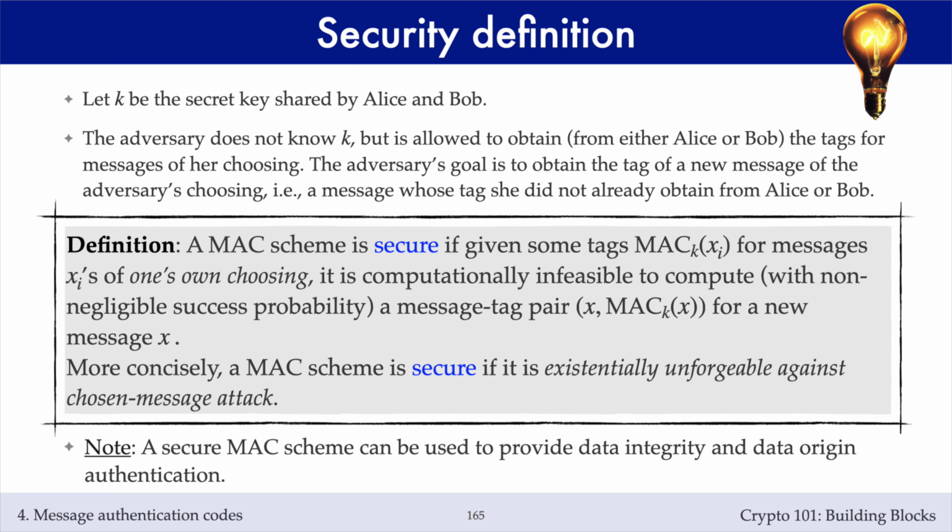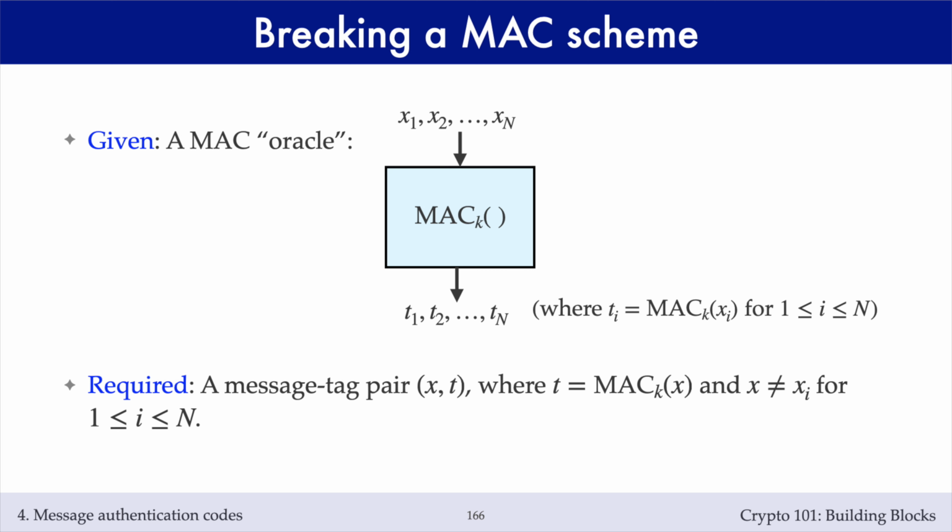This is because the adversary cannot compute the valid tag for any message of her choosing, nor for any modification of a message that Alice sent to Bob. The security definition captures very strong capabilities for the adversary, namely access to a MAC oracle, from which the adversary can obtain tags for any messages x1, x2, up to xn of her choosing.